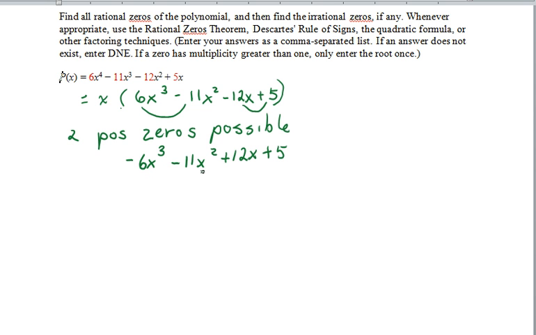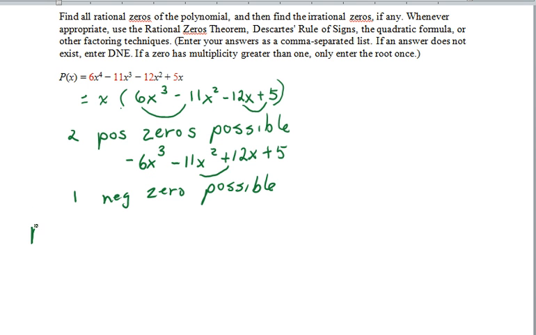And it looks like we've got one change of sign there, so one negative real zero possible. So 4 real zeros altogether, because x equals 0 is going to be one of the zeros.